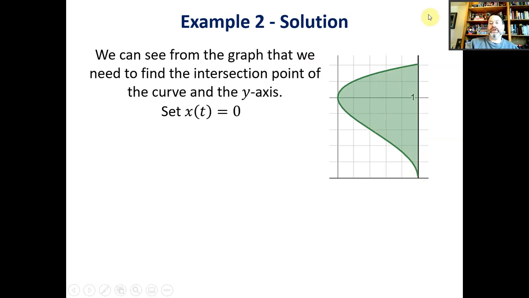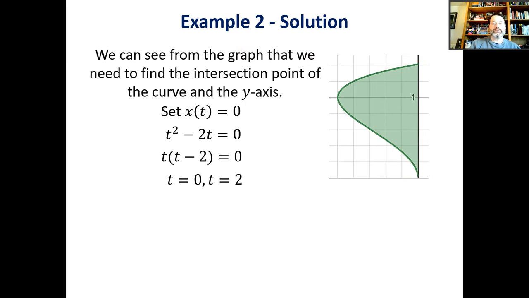But we're going to find the intersection points first. We just need to know where x equals 0, right? This is the y-axis right here. So I just set the x coordinates equal to 0, and I get t equals 0 and t equals 2. So I'm done. I have already found the bounds for my integral.